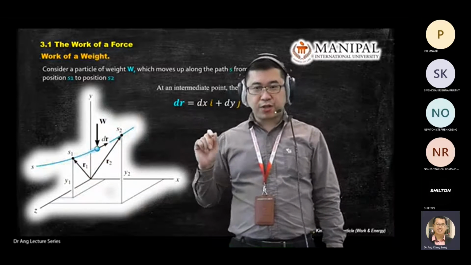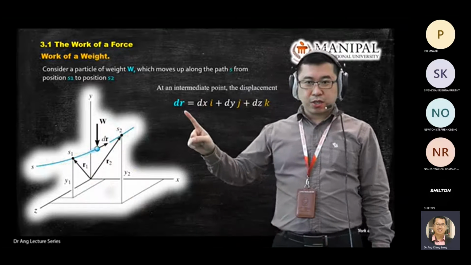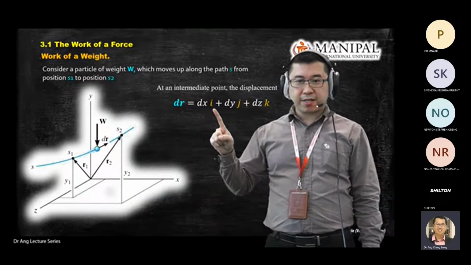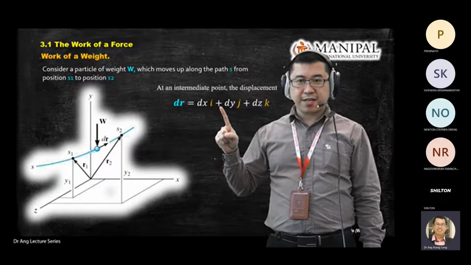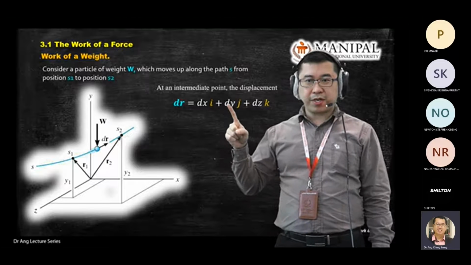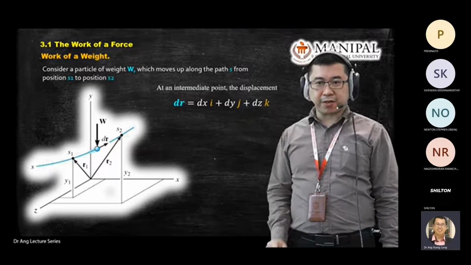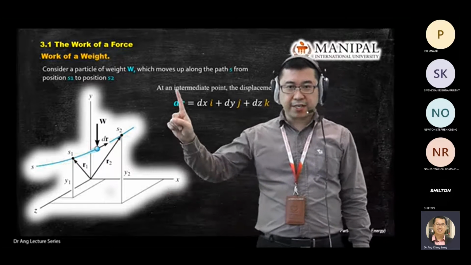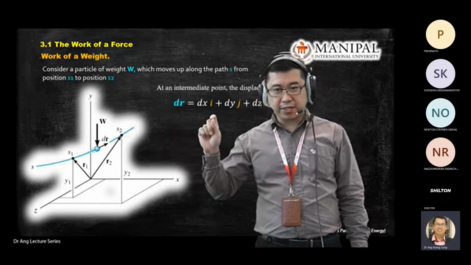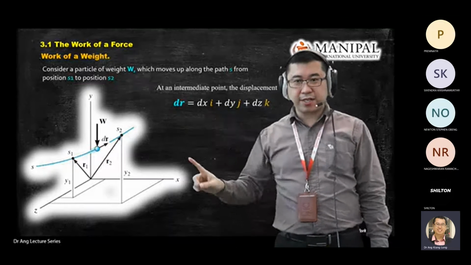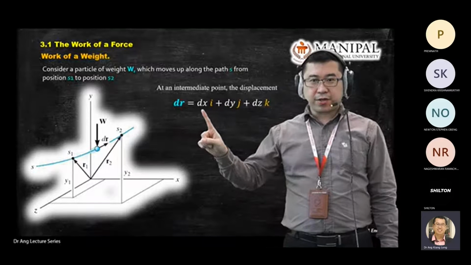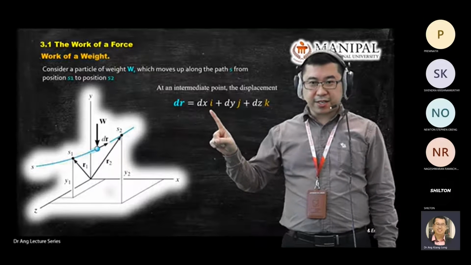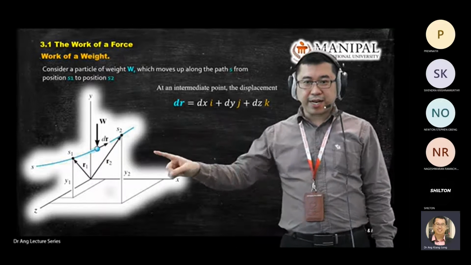A vector has magnitude and direction. dr equals the magnitude in x times the x direction i, plus the y component, plus the z component. Magnitude in x, direction x is i.